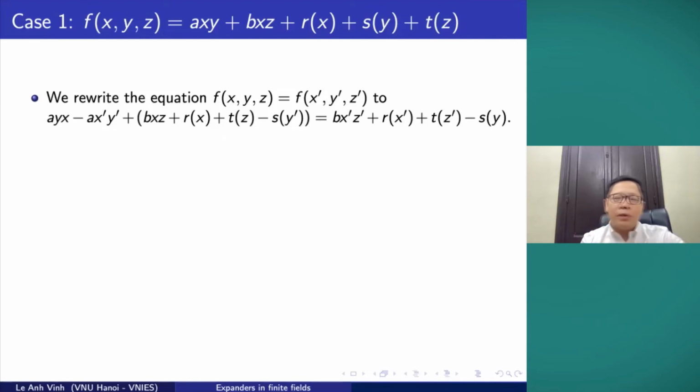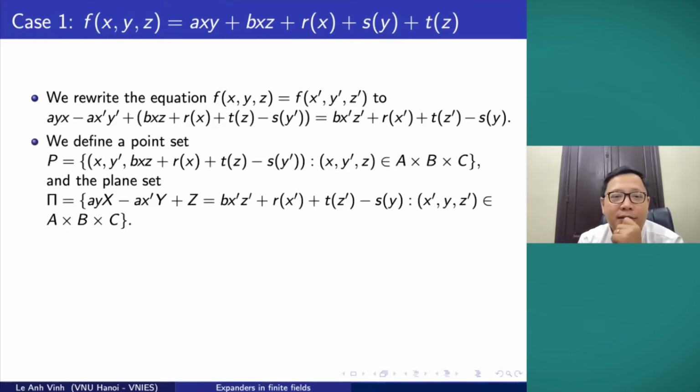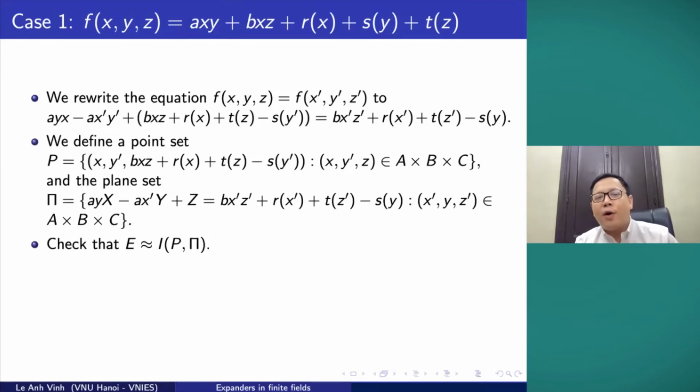You put three variables on one side and another on the other side, and you can define the point set and the plane set. You can check that each solution of the equation corresponds to one point-plane incidence. It is kind of technical, and if you are not familiar with this, you can see how the plane set and the point set come up. But simply, the number of solutions of the equation will be, without the exceptional cases, the number of incidences between the point set and the plane set.